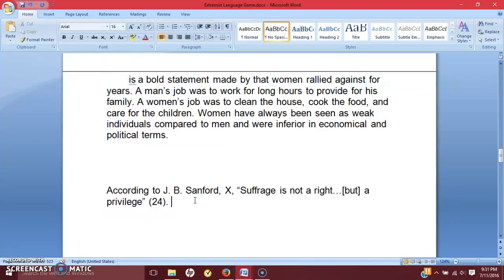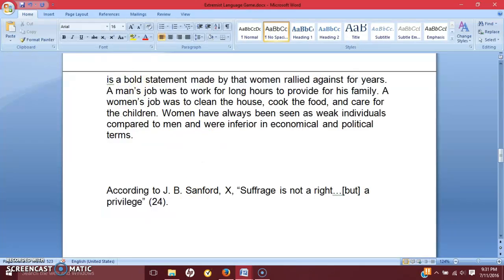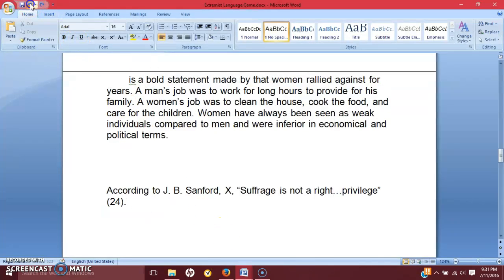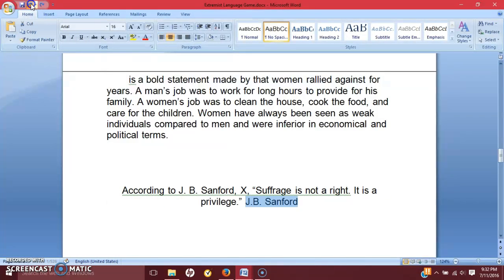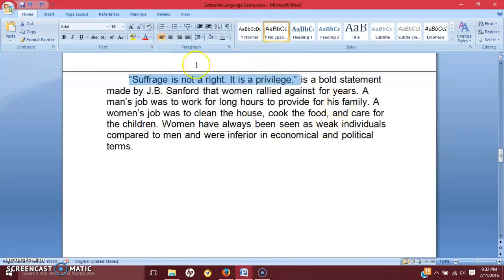Okay, so the last thing we're going to discuss is a block quote. All right, let's undo all this. And then let's go ahead and block quote this whole thing.